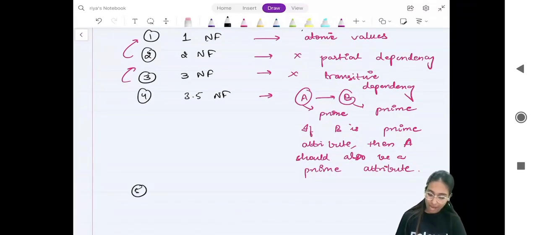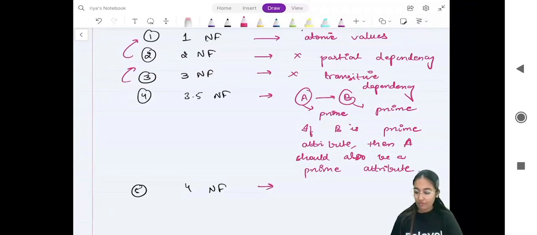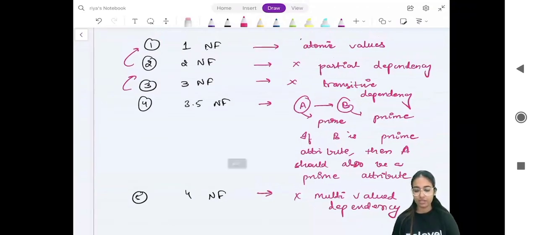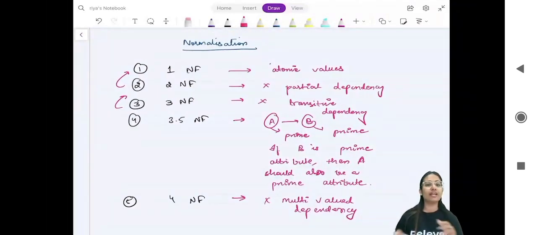Okay, and the last one that we talked about is fourth normal form. For the fourth normal form, there should not be any multi-valued dependency. So this is all what we concluded when we talked about the concept of normalization and all the normal forms. And I hope this is clear to everyone and you understood all parts of it.